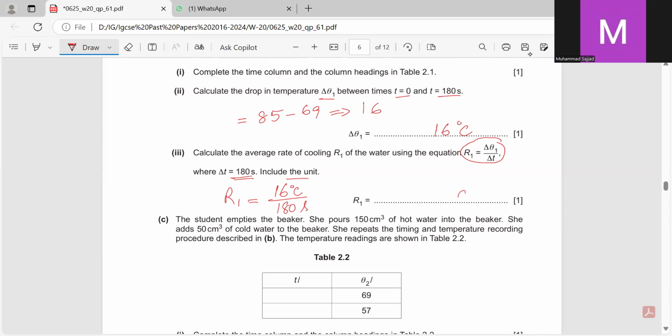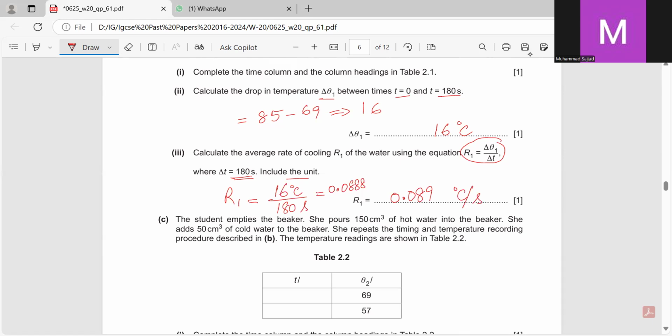So one thing is clear, unit is degree Celsius per second. What is the answer? 16 divided by 180, it is 0.0888, and so on. So I can write 0.089.